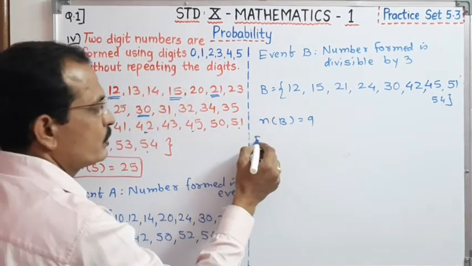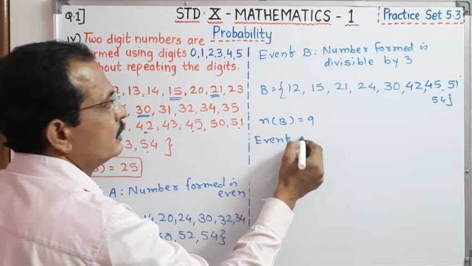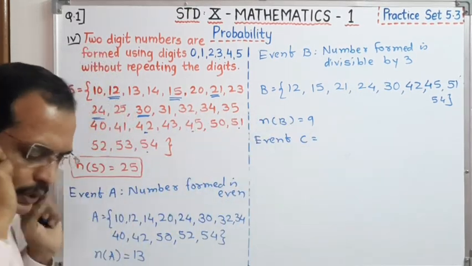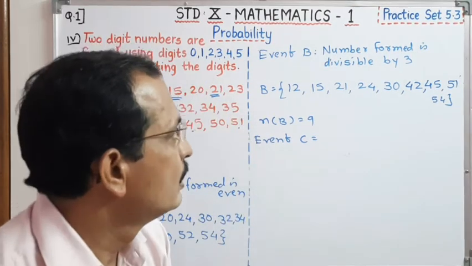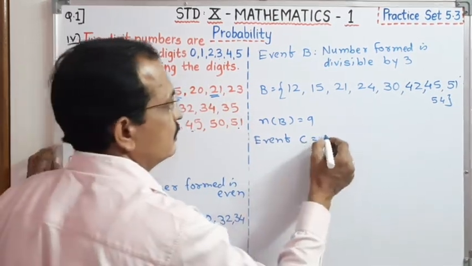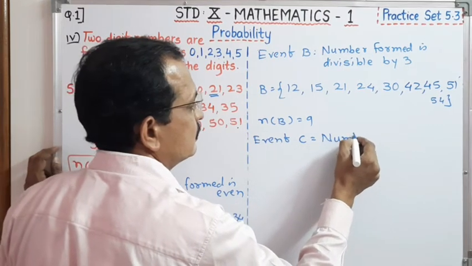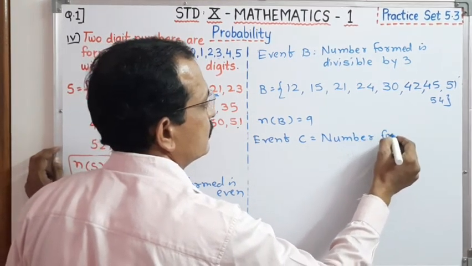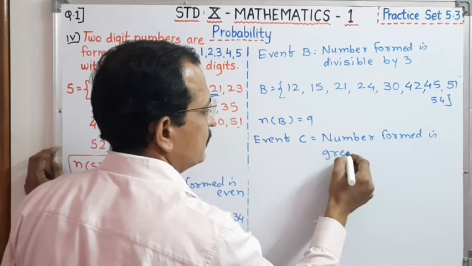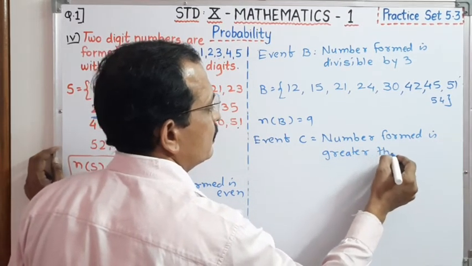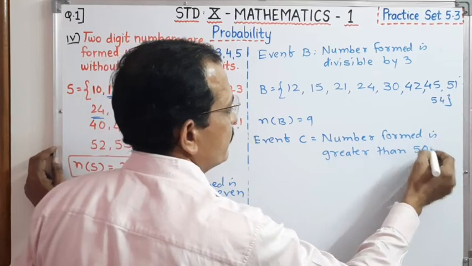Yes students, we have to see the event C. Now event C is there. The number formed is greater than 50.